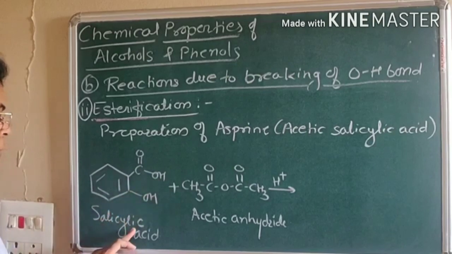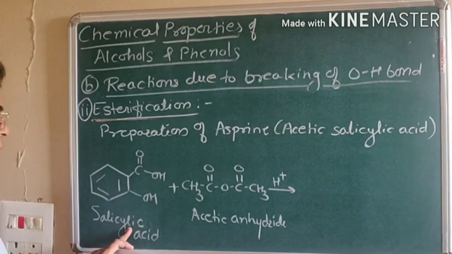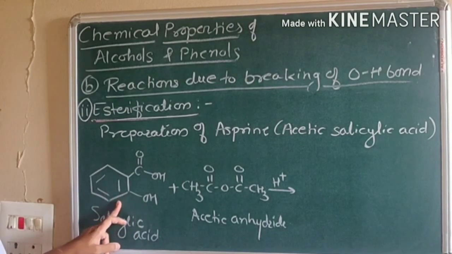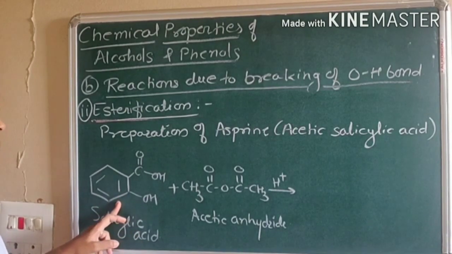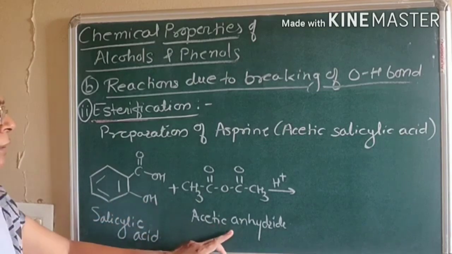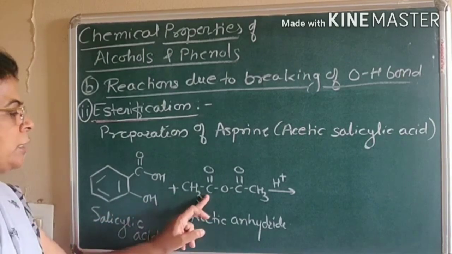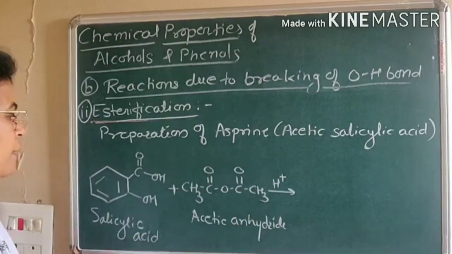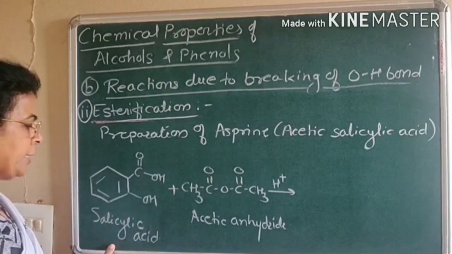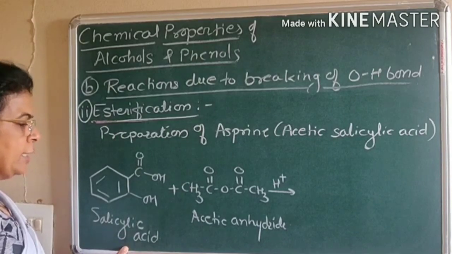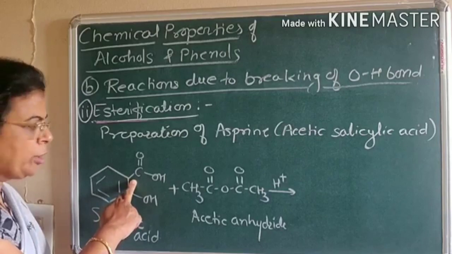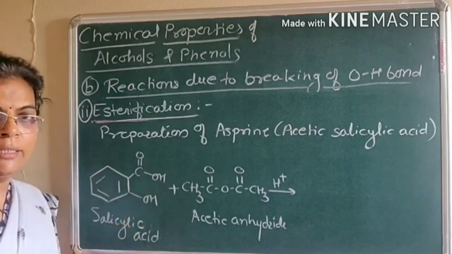Therefore the common name of this compound is salicylic acid. The IUPAC name of this compound is 2-hydroxybenzoic acid. Now this is acetic anhydride, CH3 C double bond O, O, C O CH3. Salicylic acid is actually a phenol, but at its ortho position there is a carboxylic group, therefore it is an acid.